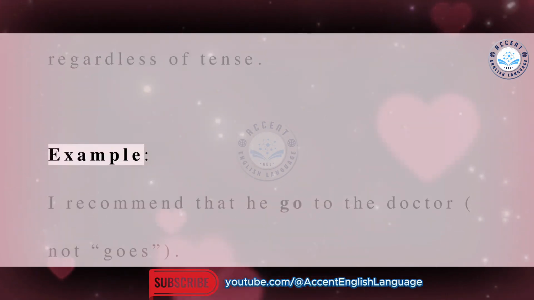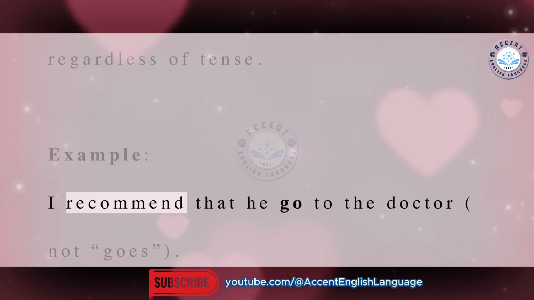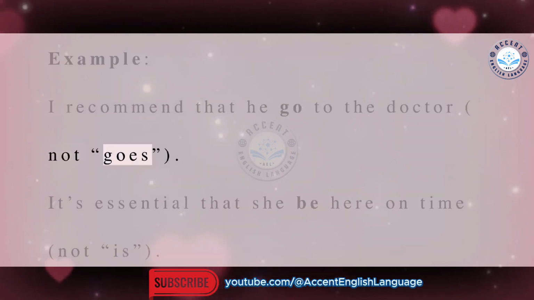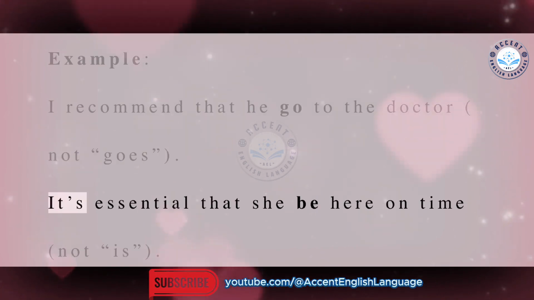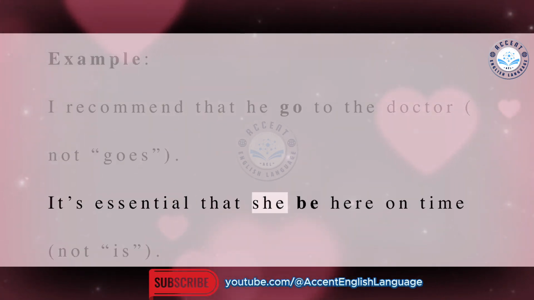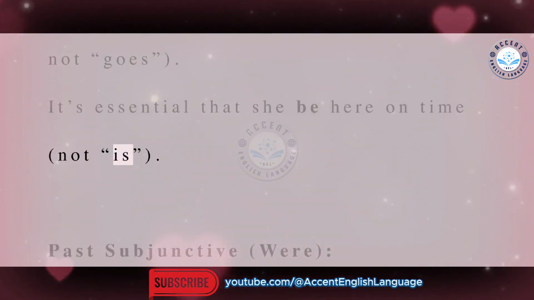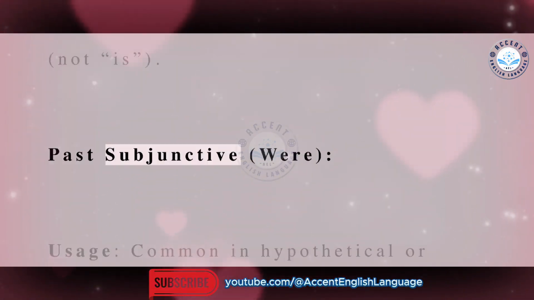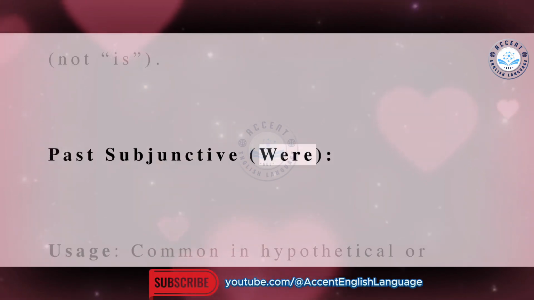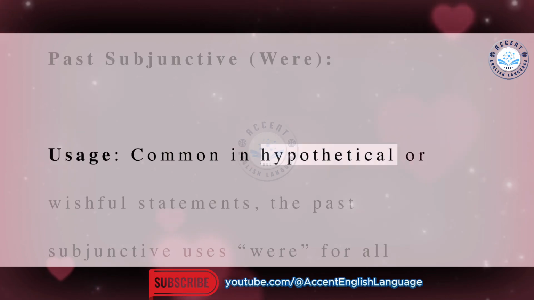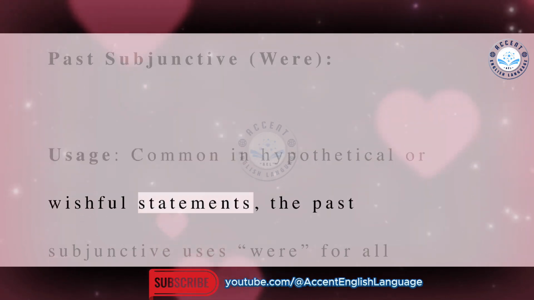Example. I recommend that he go to the doctor, not goes. It's essential that she be here on time, not is. Past subjunctive, were. Usage, common in hypothetical or wishful statements.